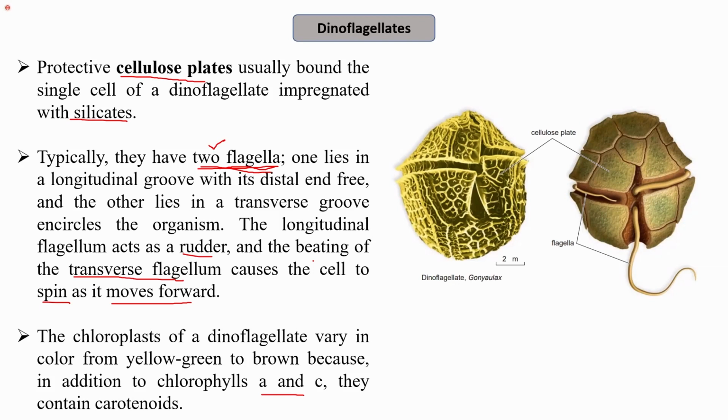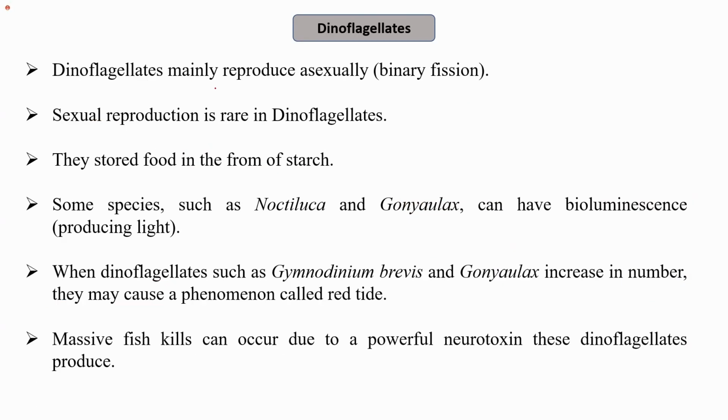And how dinoflagellates are similar to diatoms is that they have silica in their membrane. They have cellulose plates and they have chlorophyll A and chlorophyll C just like the diatoms. But in diatoms we have xanthophylls, and here we have carotenoids. Dinoflagellates mainly reproduce asexually by the process of binary fission.